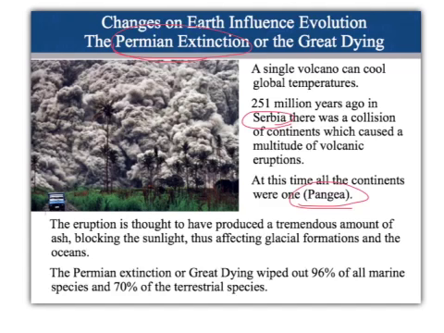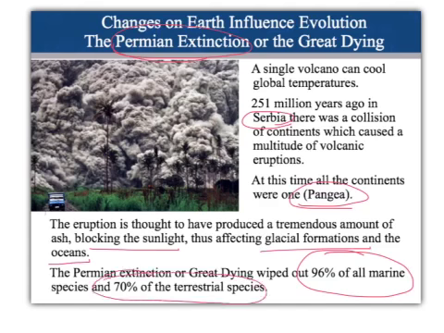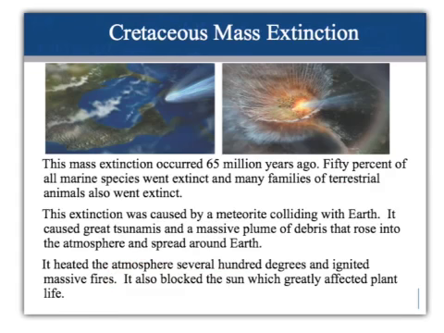And the thought was that we had so much ash that would block sunlight, which affected glacial formations, which affected the oceans. What happened here is 96% of the marine species and 70% of land species died out during this extinction.